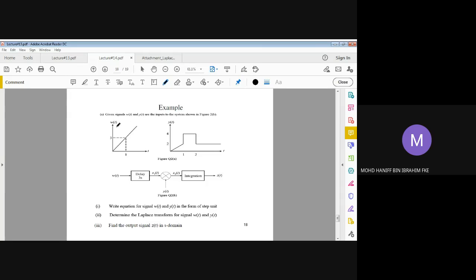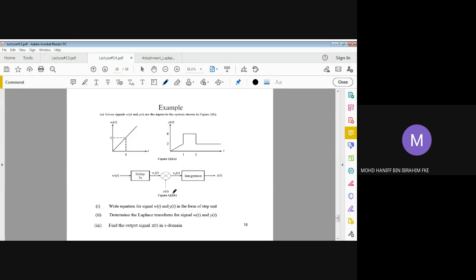We are given w(t) and y(t) as the inputs to the system in this diagram. w(t) has a delay of 3 seconds, and we get x1(t). x1(t) is then multiplied with y(t), which gives us x2(t). x2(t) is passed through the integration block, and we get z(t). That is the block diagram for this example, and those are the time domain signals w(t) and y(t) given in this problem.